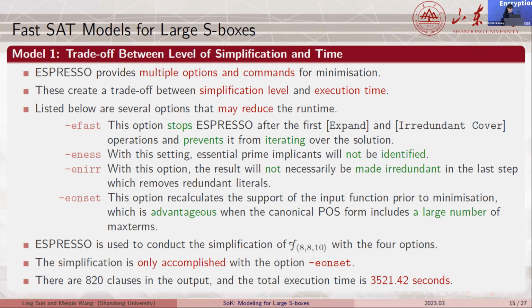The simplification is only accomplished with the last option, the onset option. There are 820 clauses in the output, and the total execution time is about 1 hour. Also, although the number of inequalities is not guaranteed to be the minimum, the execution time is in an acceptable range.